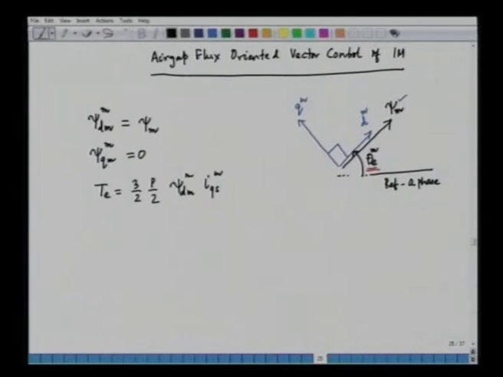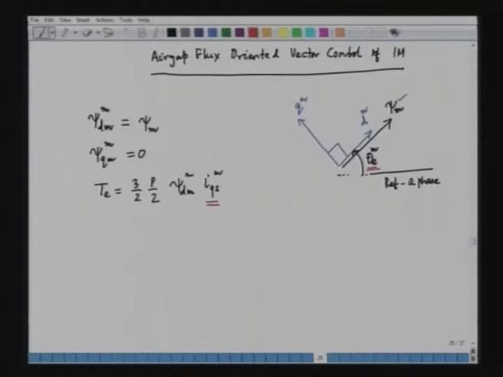We can control the torque either by controlling i q s or by controlling psi d m, the air gap flux in the d axis. However, we would like to keep the flux constant, because if we change the flux, there will be a delay. The flux cannot be changed immediately; there will always be a delay accompanied by the change of flux. So, we would like to keep the flux constant and change the torque by changing the torque component of current. This is called the torque component of current.